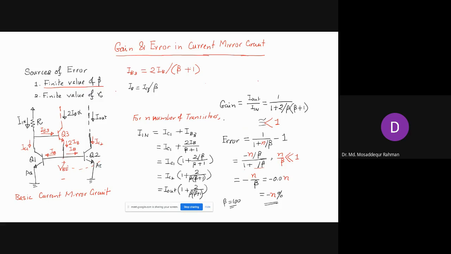And the error will be similarly, let's write the error here.